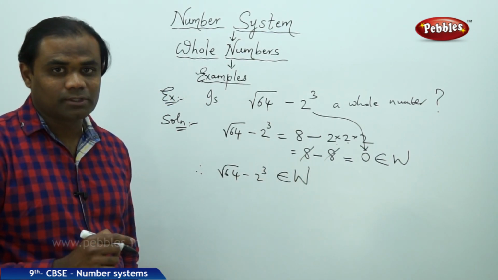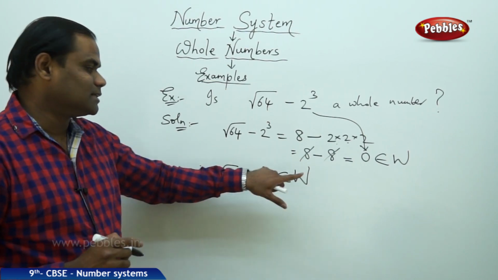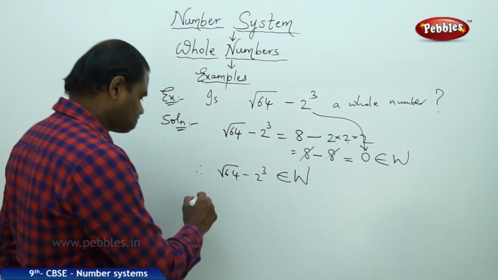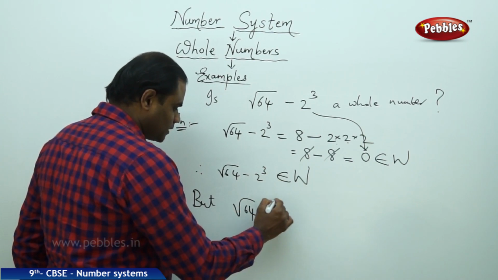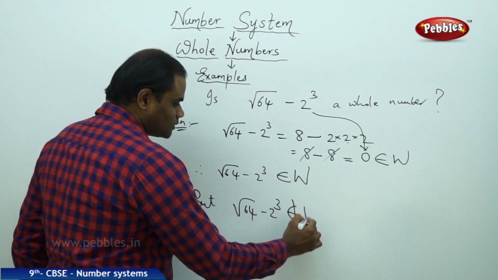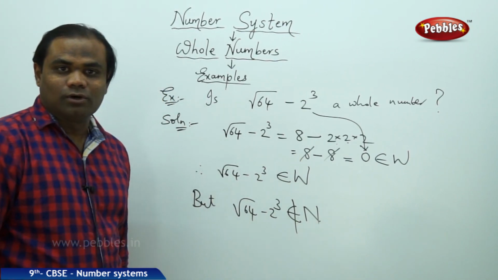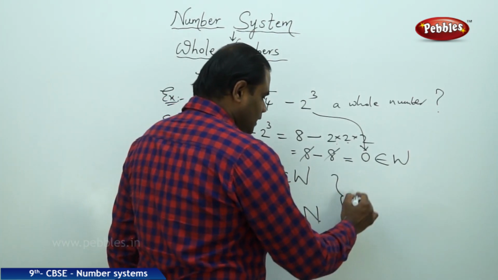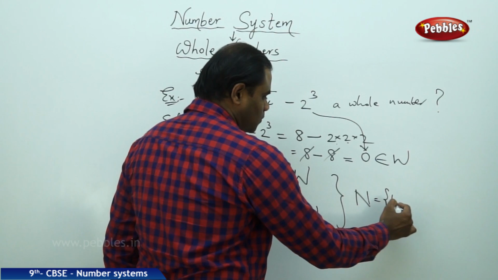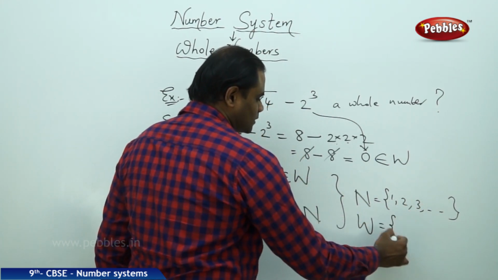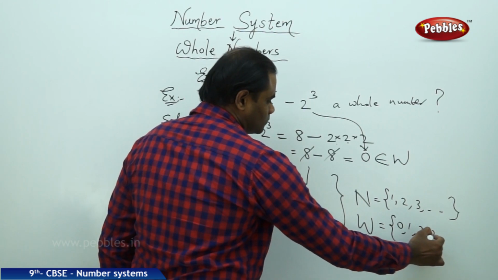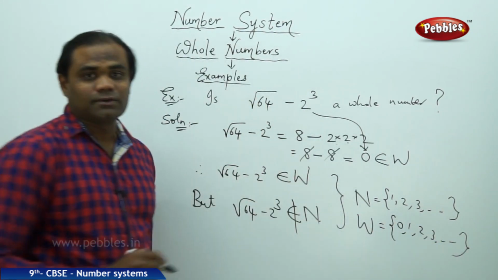Also, it is very important to note that root 64 minus 2 cube is not a natural number, because we have clearly seen that N starts from 1, 2, 3, etc. and whole numbers start from 0, 1, 2, 3, etc.